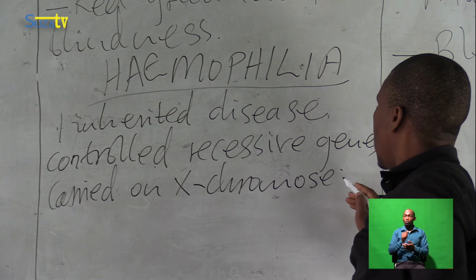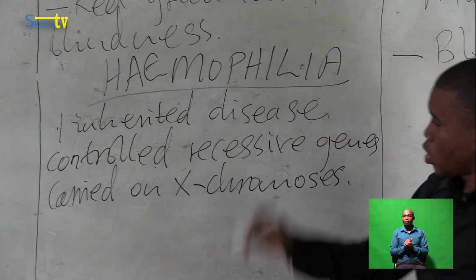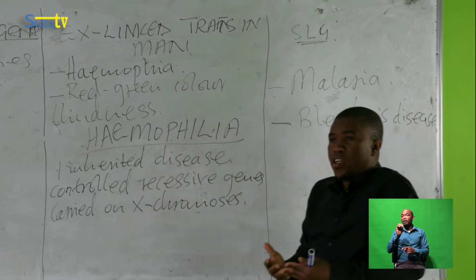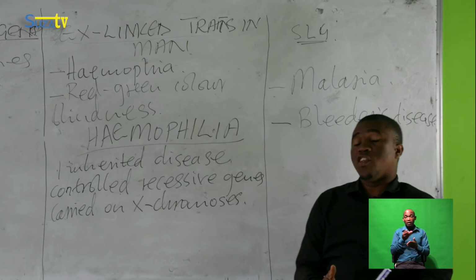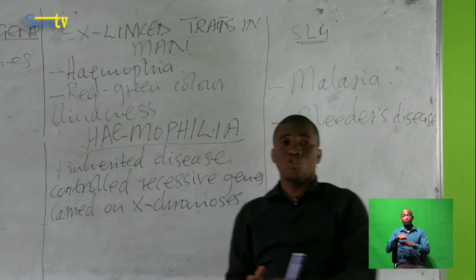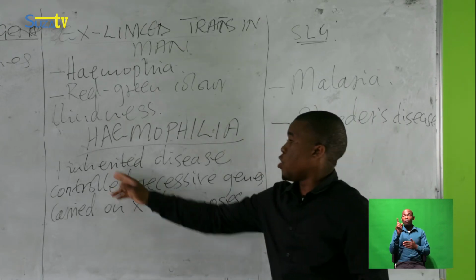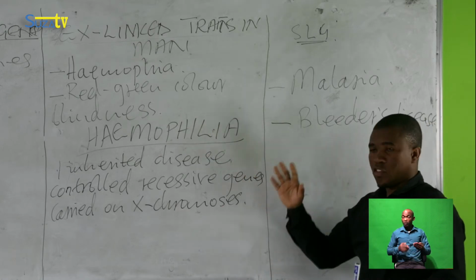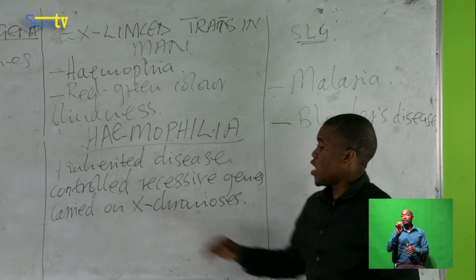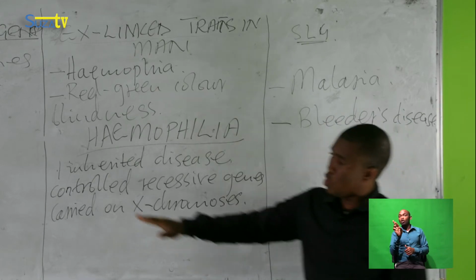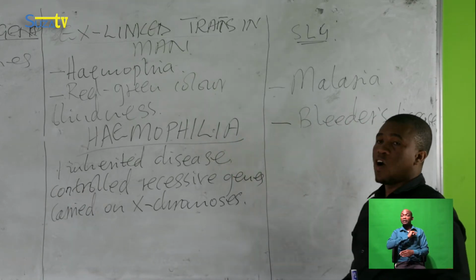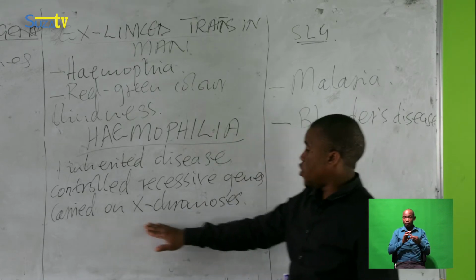Good. So, when we are talking about hemophilia, can we inherit it? Meaning that this disease can pass from one generation to another, from mother to child, right? So that's why we say inherited disease, normally controlled by a recessive gene on the X chromosome.